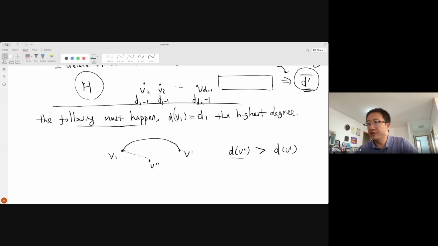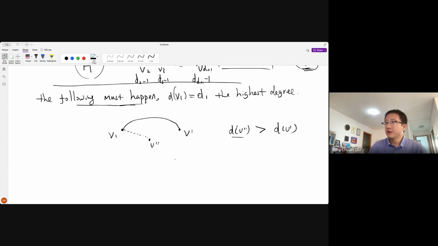Great. So if this happens, remember, V prime prime has degree higher than V prime.